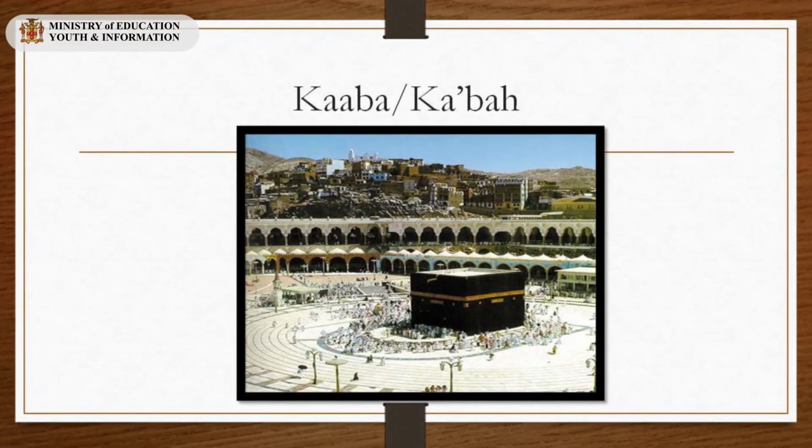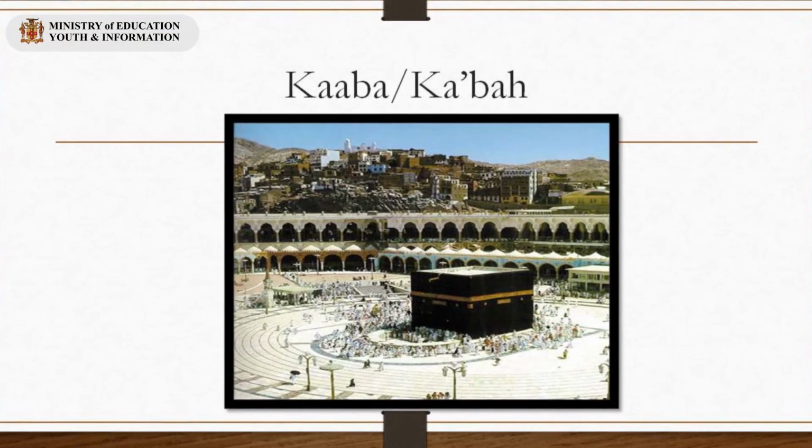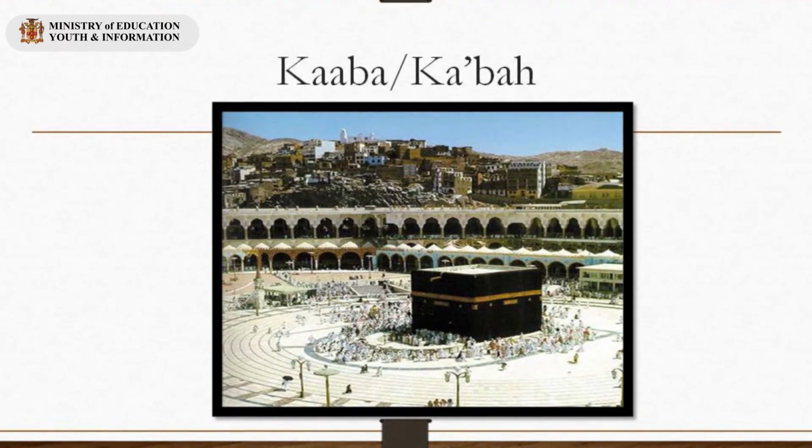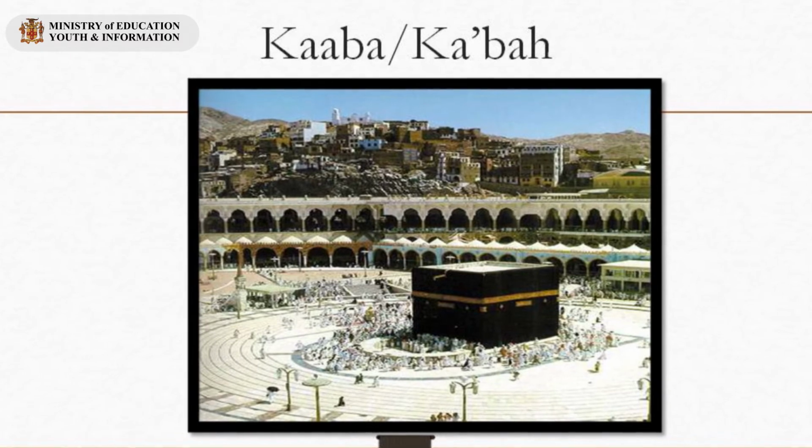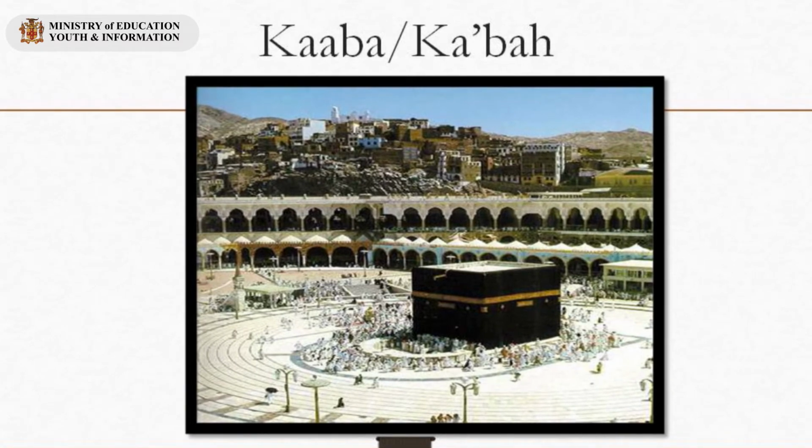The Kaaba. A small shrine located near the center of the Great Mosque in Mecca and considered by Muslims everywhere to be the most sacred spot on earth. Muslims orient themselves towards the shrine during the 5 daily prayers, Salah.